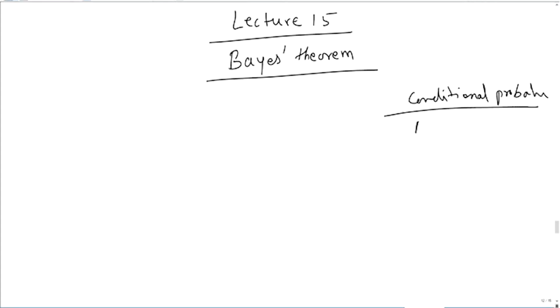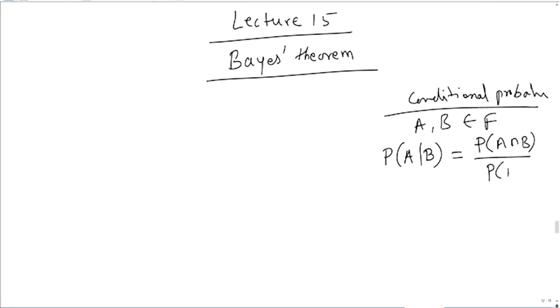Let's say you have two events A and B, which belong to your event space F. Then the probability of occurrence of event A given that event B has already occurred is called the conditional probability of A given B. The formula is probability of A intersection B, the probability of joint occurrence of A and B, divided by probability of B, such that probability of B is not equal to 0. So that's the formula of conditional probability of event A given B.